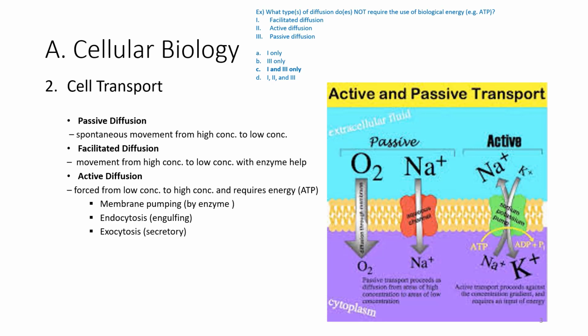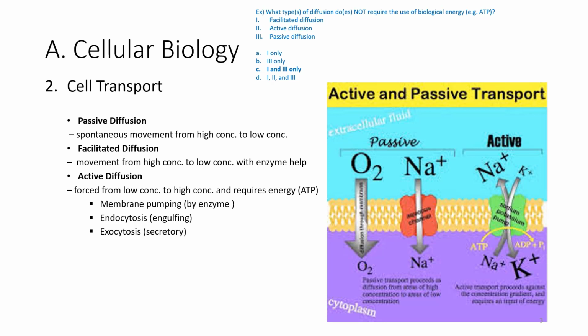Facilitated diffusion relies on protein channels that span the membrane and make hydrophilic channels across it. These channels allow small polar molecules and ions, such as water, sugar, and ions, to pass through by diffusion.